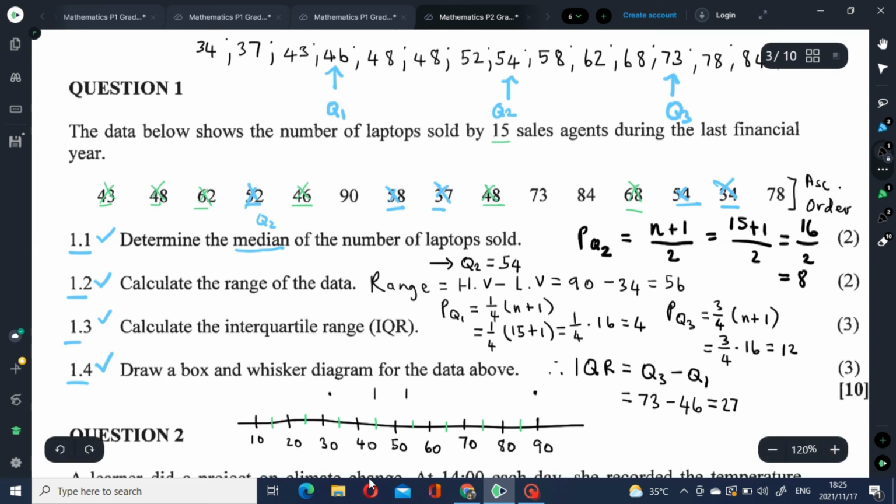You just mark it, and you draw a line for the upper quartile, which is Q3, and these 3 lines form your box. You just join them together and draw your box like that, right? And then just add the whiskers to the box, and there's the other one. So that's how your box and whisker diagram looks.